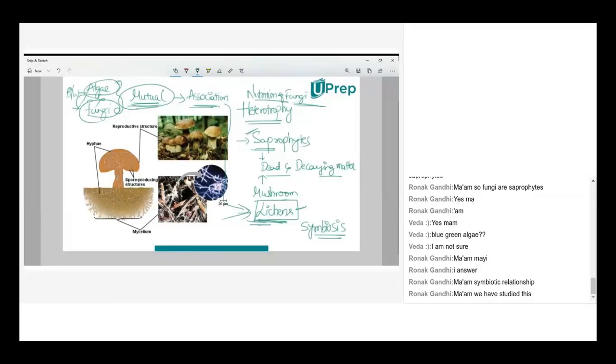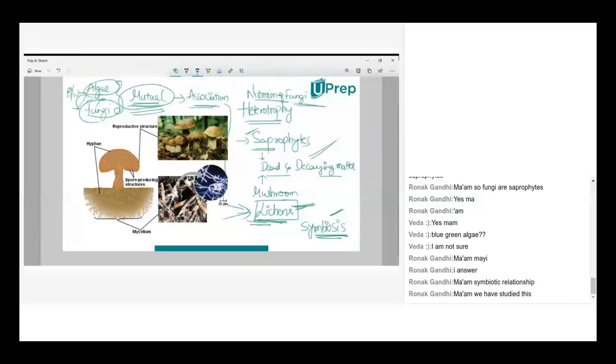This is a very friendly mutual association where algae and fungi reciprocate each other for their needs. You got the point? They are called lichens. This process is called symbiosis. So under nutrition of fungi, you will have heterotrophy, saprophytes, and symbiotic association with algae. So this is about fungi.